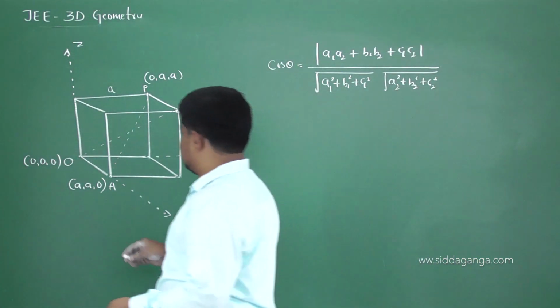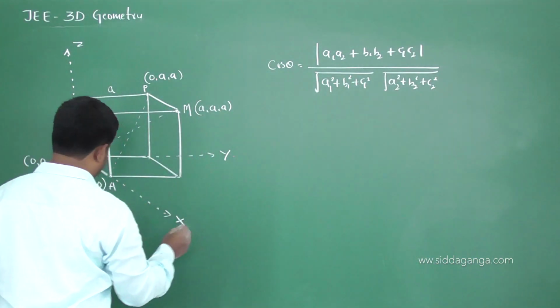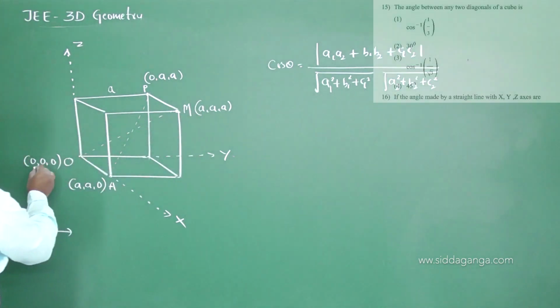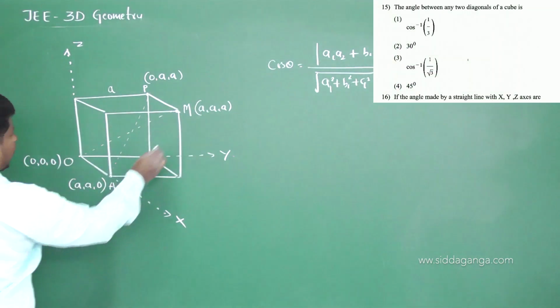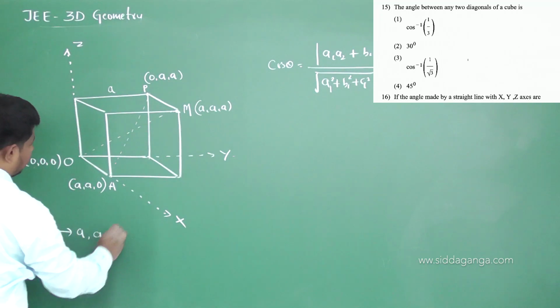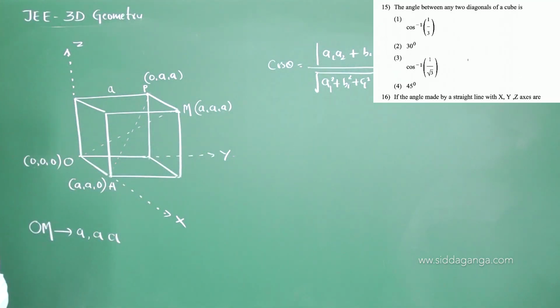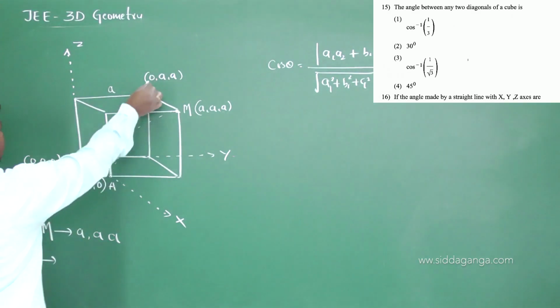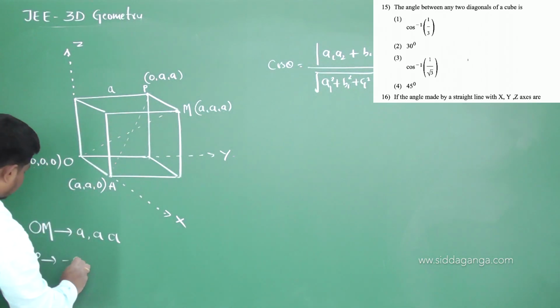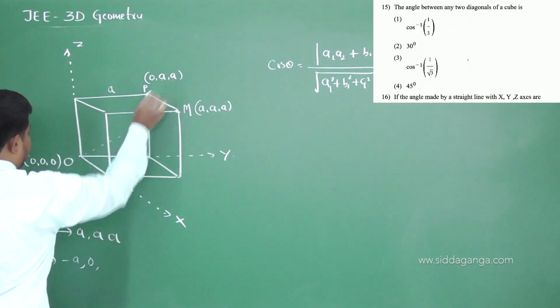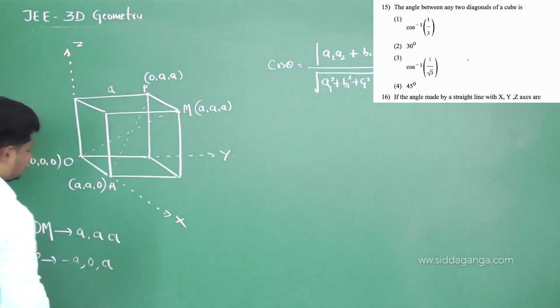Okay, now let us find the ratios of OM. OM will have the ratios x2 minus x1, A, y2 minus y1, A, and A minus 0, that is A. And AP will have the ratios, again x2 minus x1, 0 minus A, minus A, then A minus 0, A, and 0 minus A, minus A, 0.